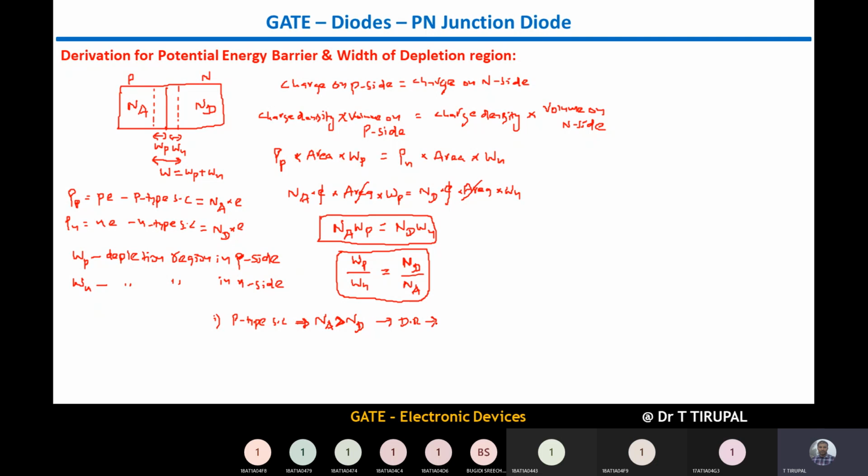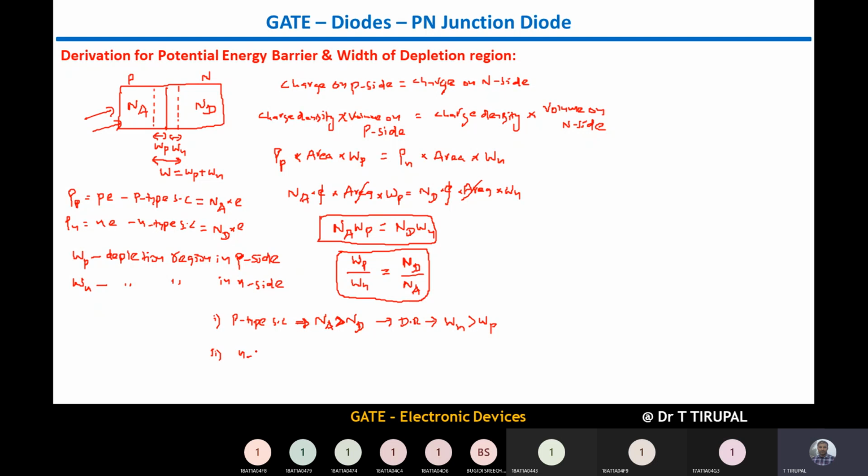If Na is greater than Nd, there is a greater possibility that the charge carriers present in p-type diffuse more into the n side. So the width of the depletion region in n-type increases, so Wn is greater than Wp. Always remember, if the doping concentration on one side increases, then the depletion region on the other side increases.